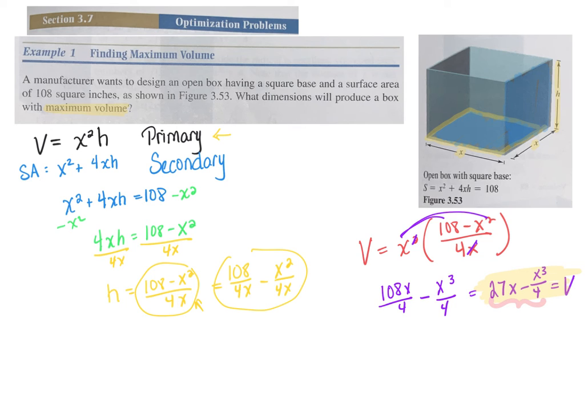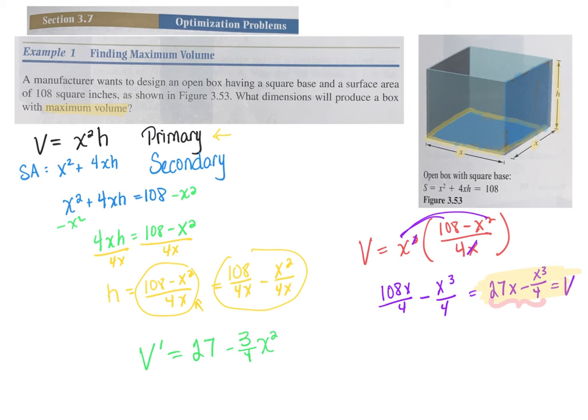What is the derivative of 27x? 27. Right, so it's just 27. What about this guy here? x cubed over 4. Multiply by 3, so it's 3 over 4 x squared. Makes sense? 27 minus 3/4 x squared, or 3x squared over 4.